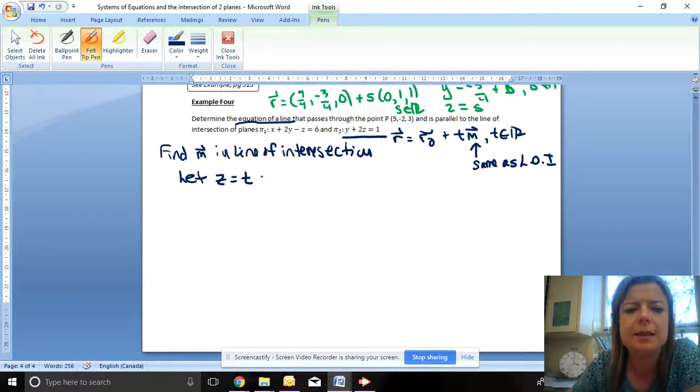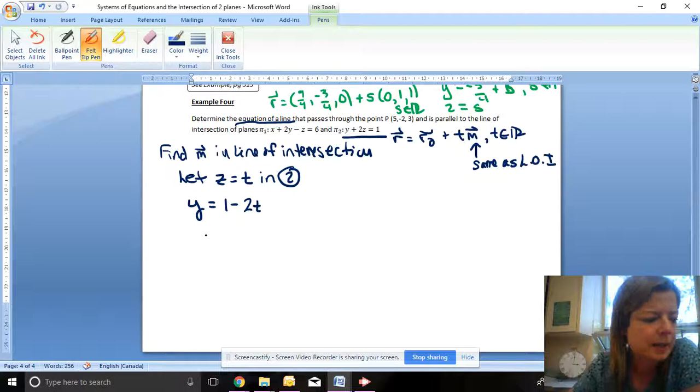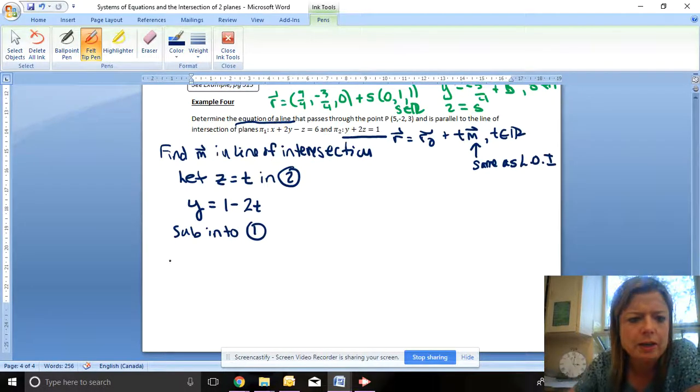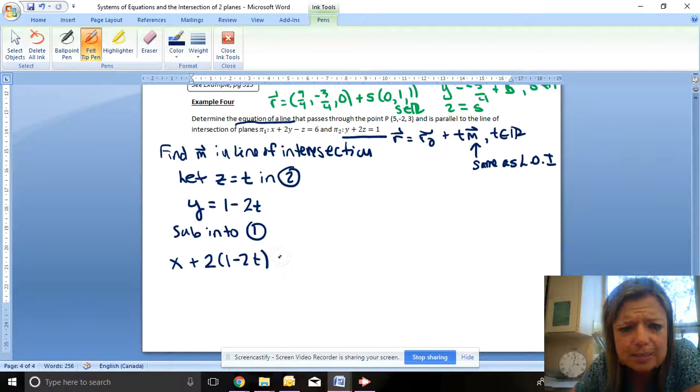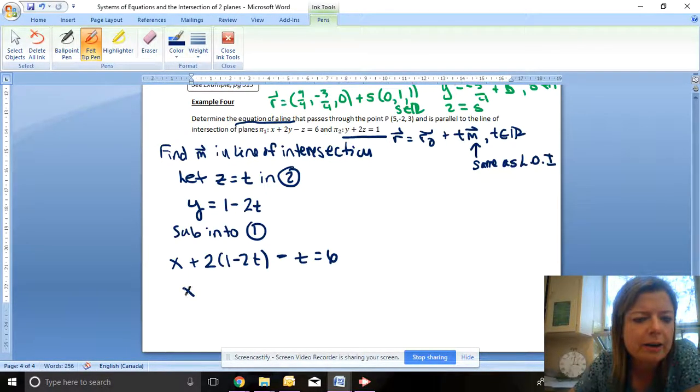Let's do t this time in equation 2. So then y is equal to 1 minus 2t. All right, so then we can sub that into equation 1. So you get x plus 2(1 minus 2t) minus z, so minus t, equals 6. And if you rearrange for x, you get 5t plus 4.